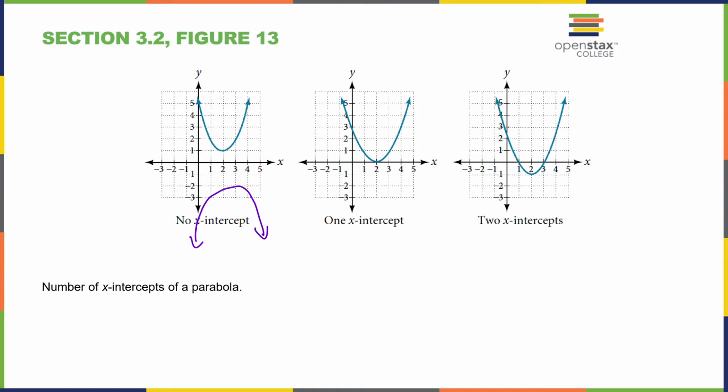One x-intercept happens when your parabola touches the x-axis and turns back around. So in other words, the vertex is on the x-axis. And two x-intercepts happen when it crosses the x-axis and then turns around. So these are the three situations that you can have. So remember, if someone asks you for the x-intercepts or the zeros, you can say there are none, there's one of them, or there are two of them.